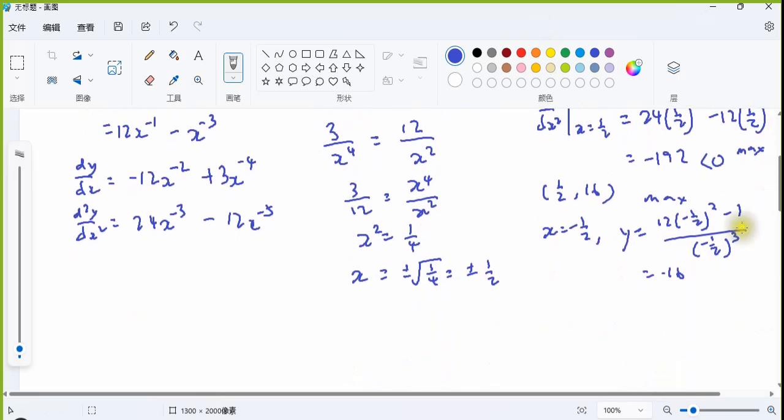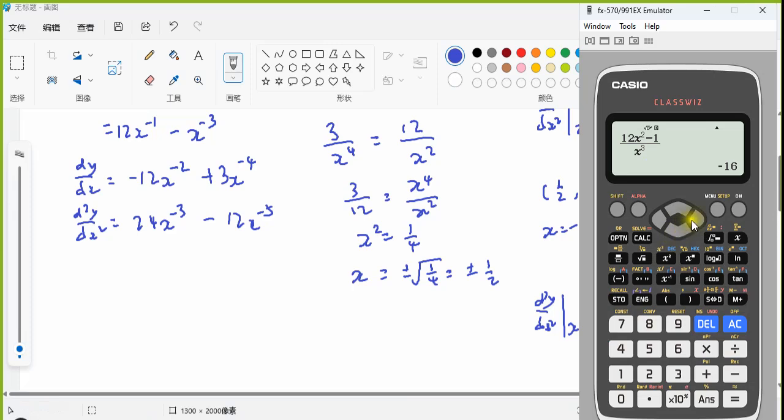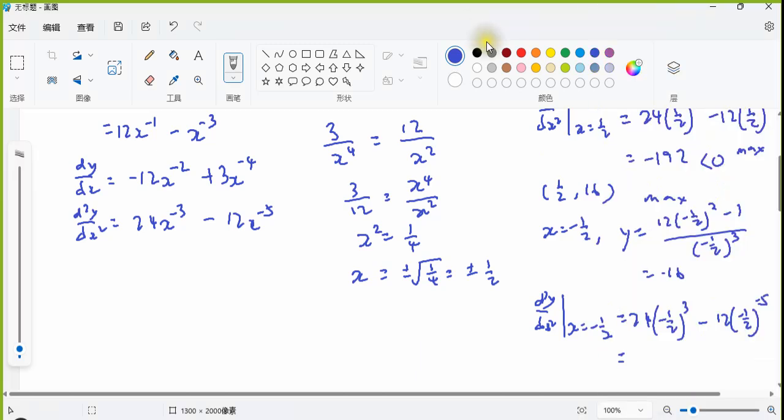And then the second derivative when x equal to negative 1/2 will be 24 times (negative 1/2) to the power negative 3 minus 12 times (negative 1/2) to the power negative 5, which is 192, greater than 0, minimum.